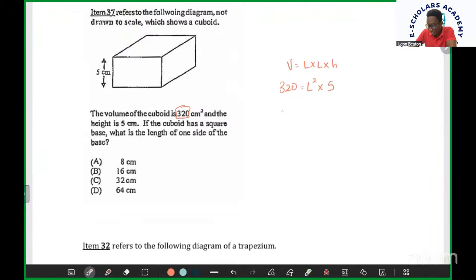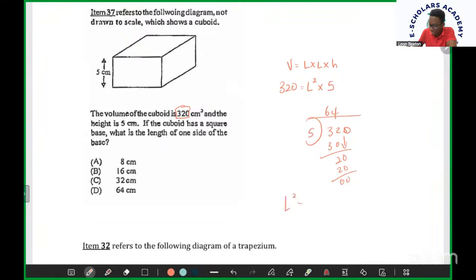We take the 5 over, and it will divide, so we have 320 divided by 5. 5 can go into 32 six times. 6 times 5 is 30, leaving 2. Bring down the 0. 5 can go into 20 four times. 5 times 4 is 20, so the remainder is 0. So 320 divided by 5 is 64.